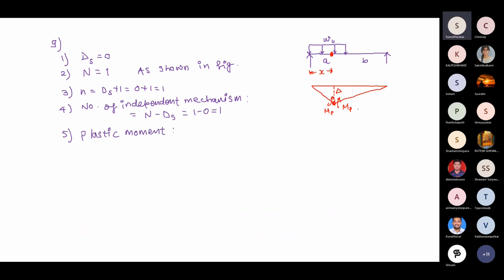The main problem is the external work. This is x, and this is L minus x. We require this distance because UDL is there. So let us call this delta 1, and this distance we will call b.